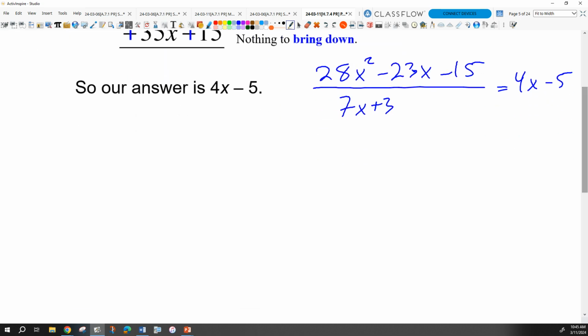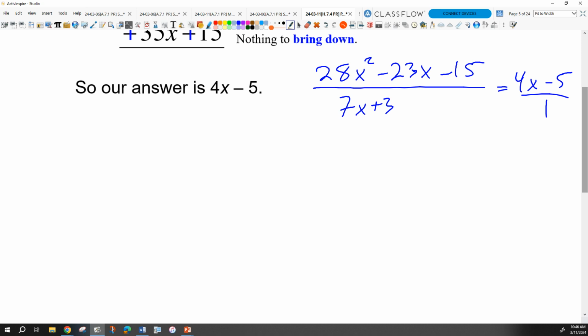That's the same thing as 4x minus 5 over 1, right? So how could we write that as a product instead of a quotient? I've got a proportion here, right? So I could cross multiply, or I could clear fractions by multiplying each side by 7x plus 3.